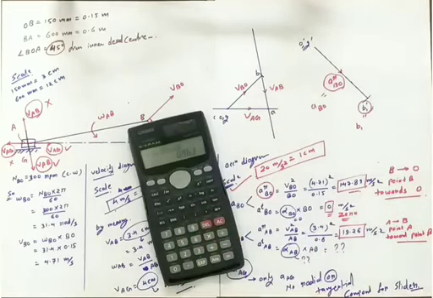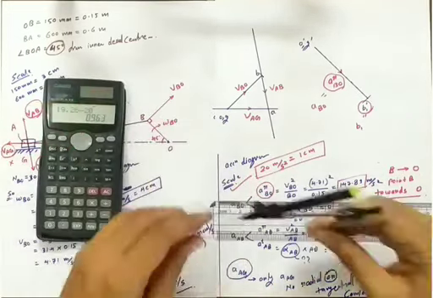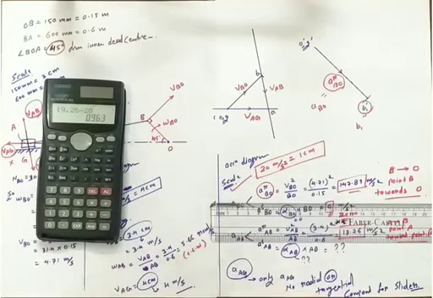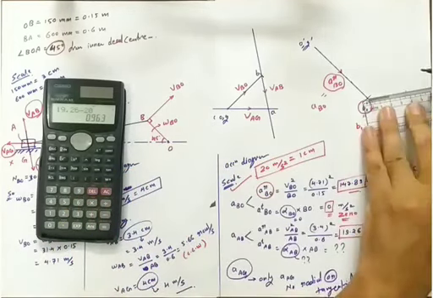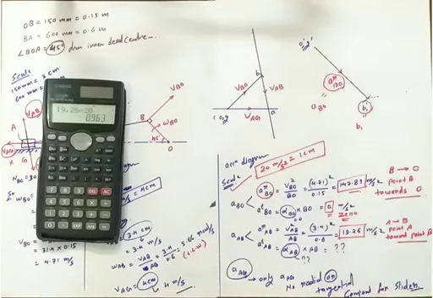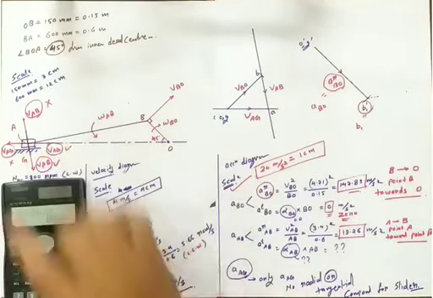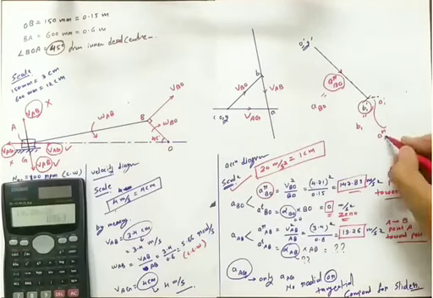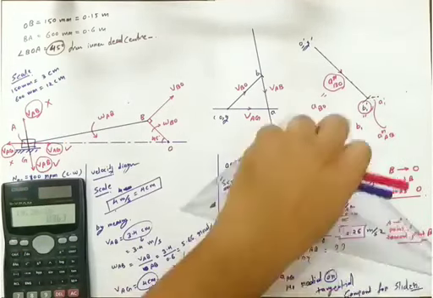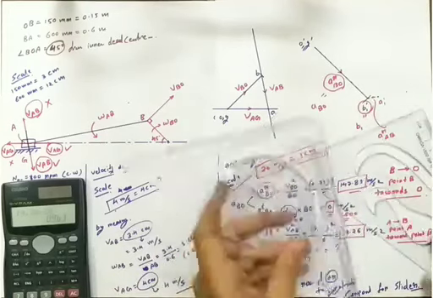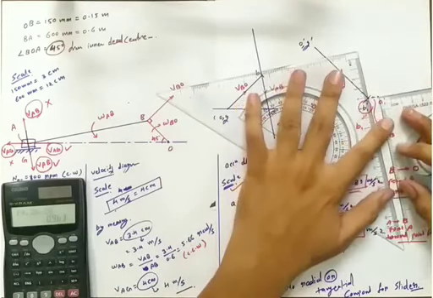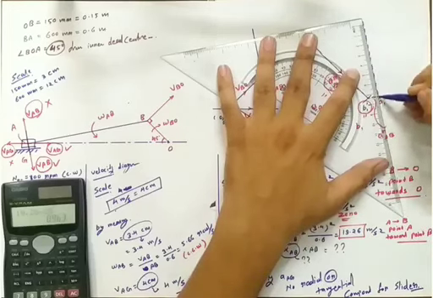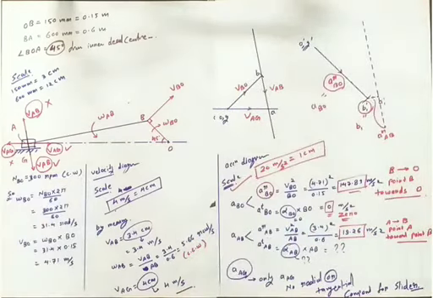So we'll mark this 0.96 centimeter on that. So this is the radial component of link AB. Now we'll go for tangential component. As we don't have any magnitude, so we will go for only direction, 90 degree to the radial component in both directions. So AB is completed.